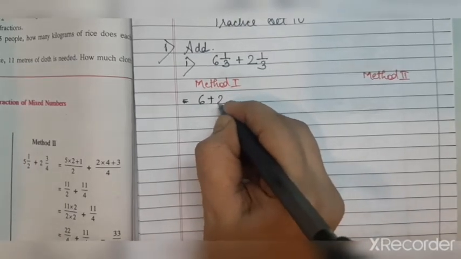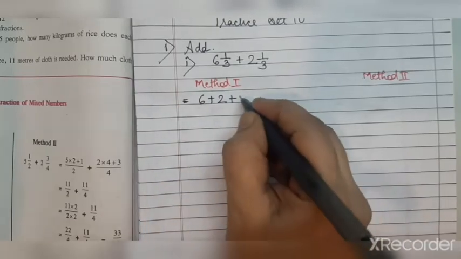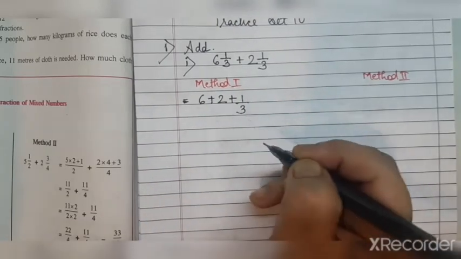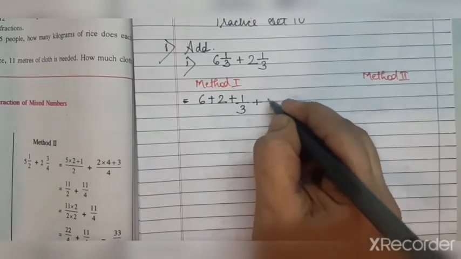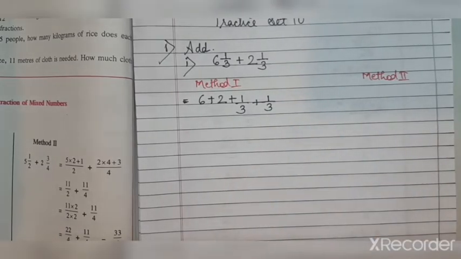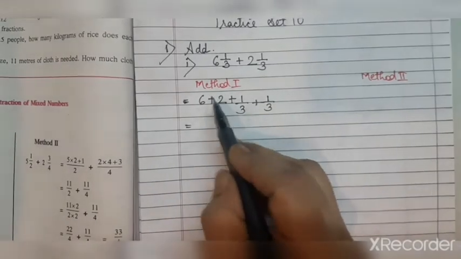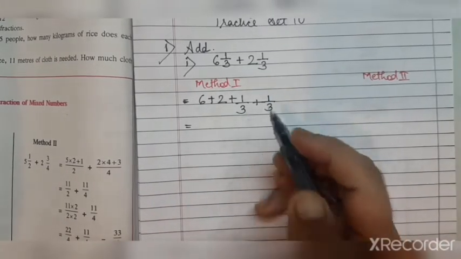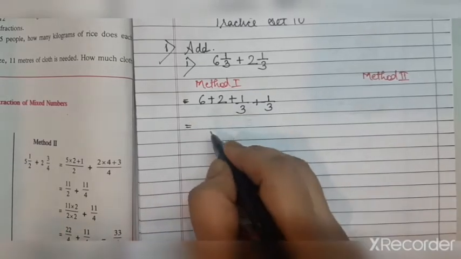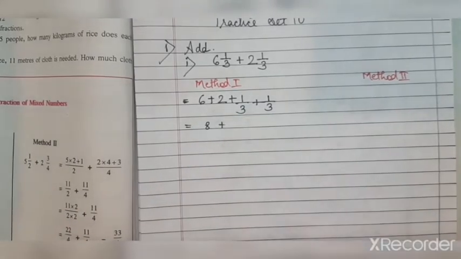So 6 plus 2 plus 1 upon 3 plus 1 upon 3. Now we solve the whole numbers separately and the fractions separately. So now 6 plus 2, 8, plus.